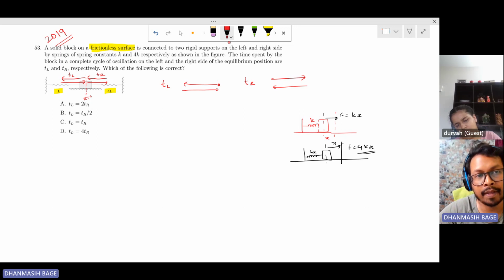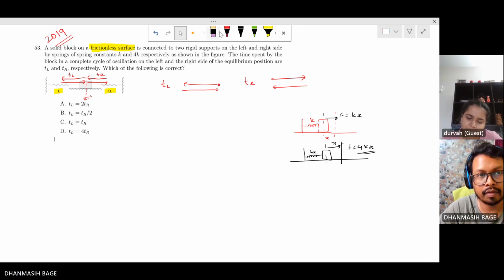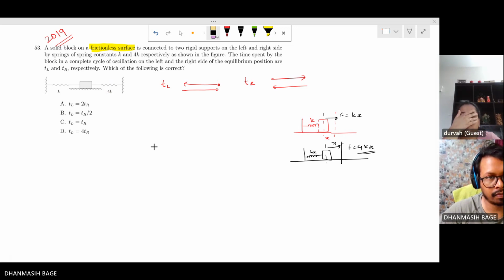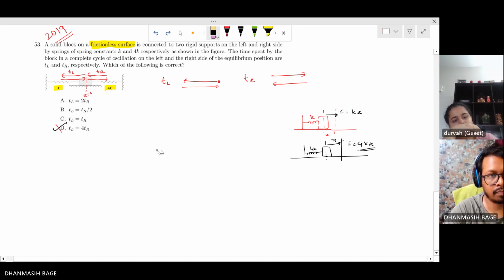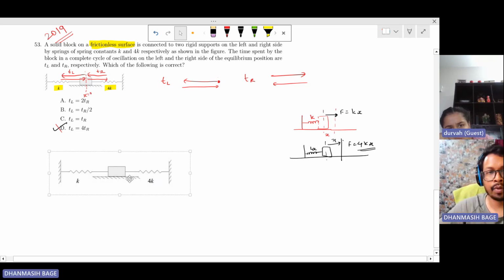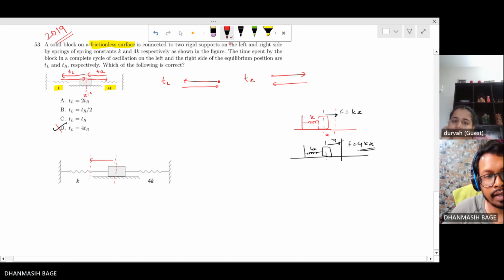Spring extension, let us say that in a particular case, when the mass goes to this side, in this case, this spring will compress, right?